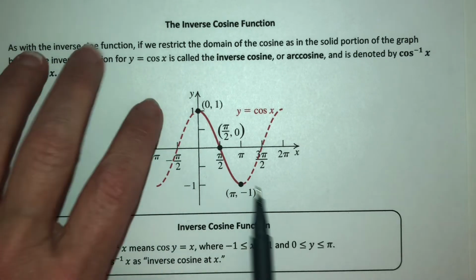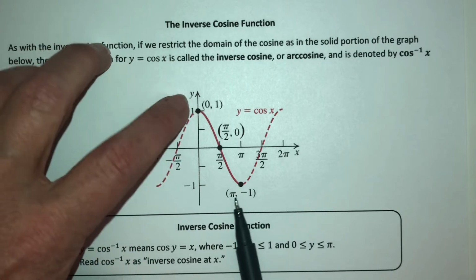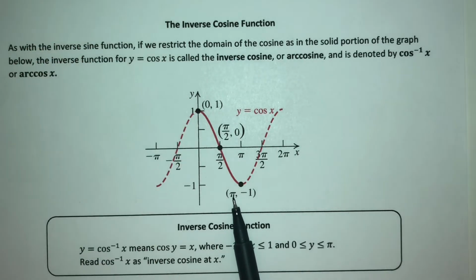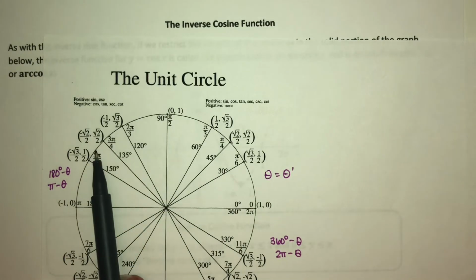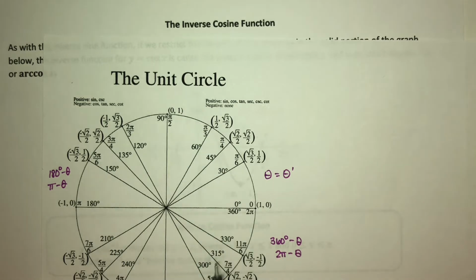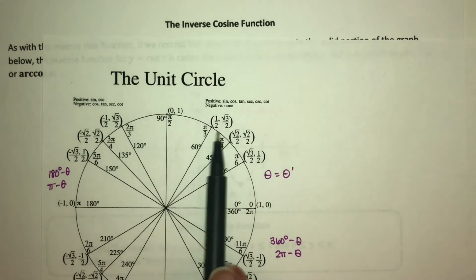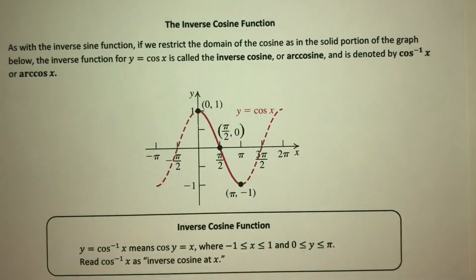So cosine is restricted between 0 and π. On the unit circle, that means inverse cosine is going to give us solutions here and here, not here and here. That's because cosine is positive on both of these, and that doesn't do us any good. So it's quadrant 1 and quadrant 2 for cosine.